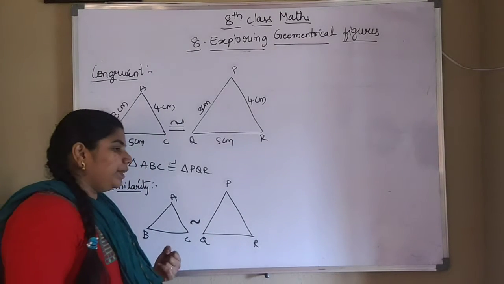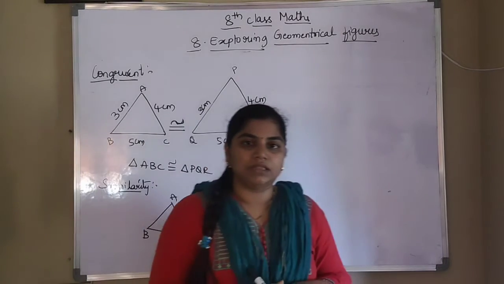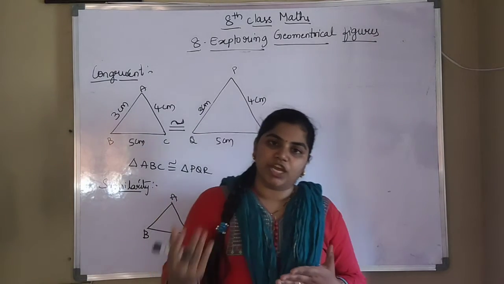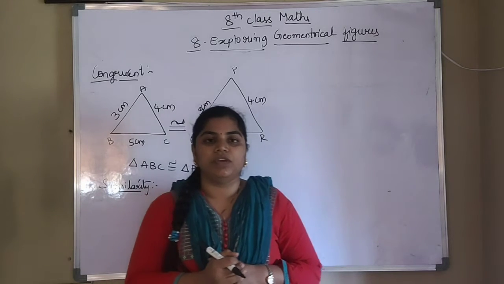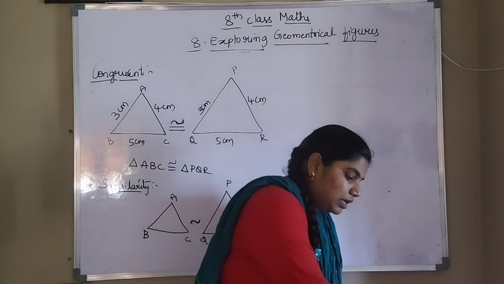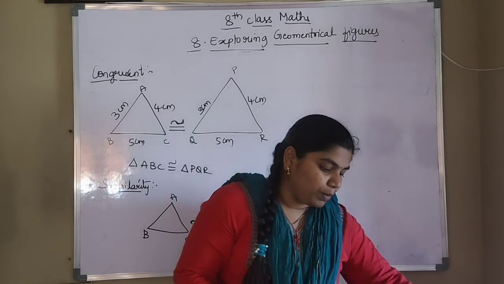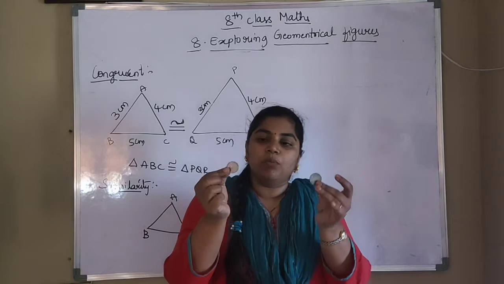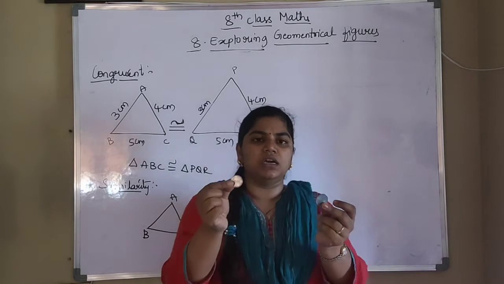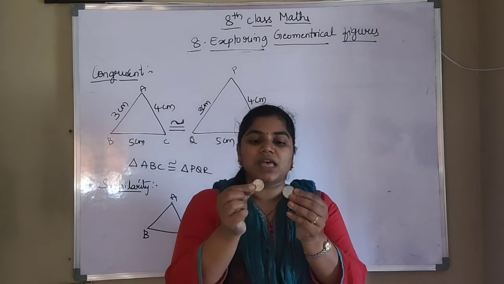What do you mean by similarity? Similarity is nothing but having the same shape but the size will be different. That type of figures we call similar figures. Suppose you take one 2 rupee coin and one 1 rupee coin. Both are in the same shape, both are circles, but the size is different.